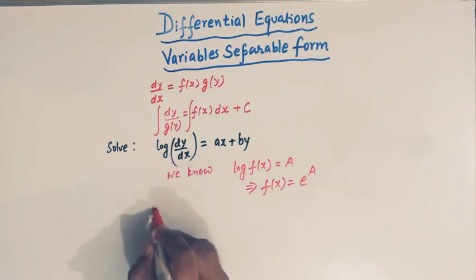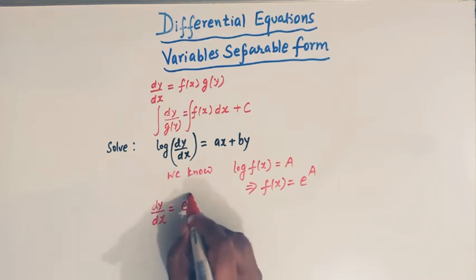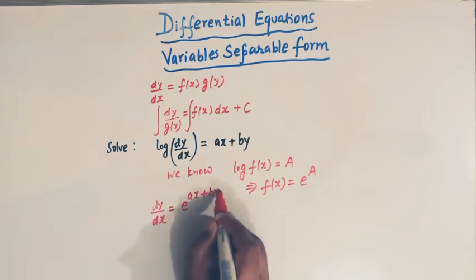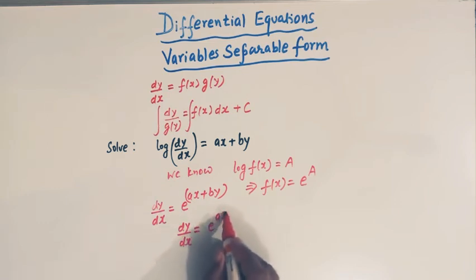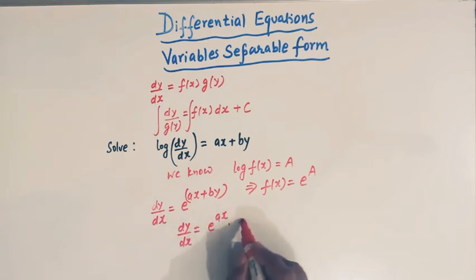So we will apply this rule to this equation first. So dy over dx now becomes e raised to ax plus by, and this becomes dy over dx is equal to e raised to ax times e raised to by.